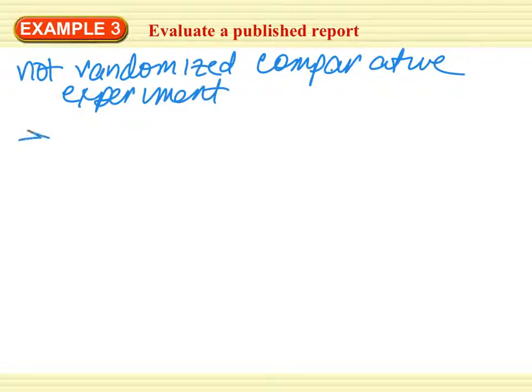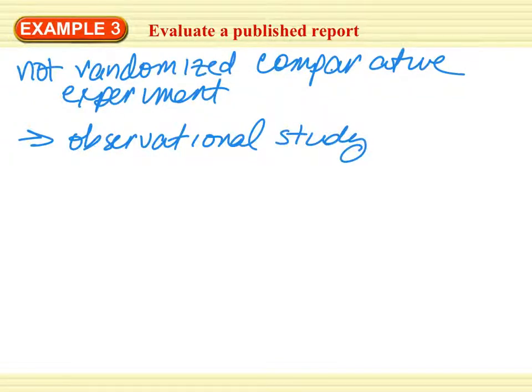So what we're going to say here, it is not a randomized comparative experiment. In fact, it is an observational study, because no treatment is imposed.